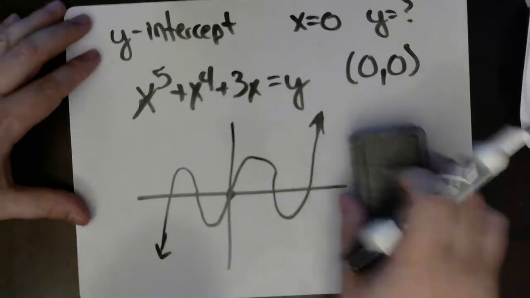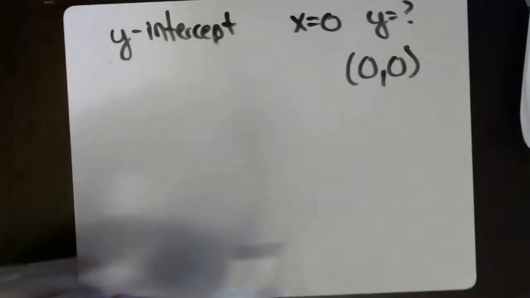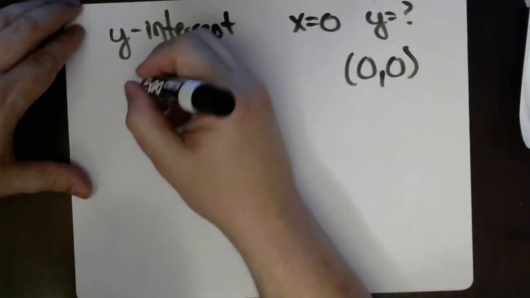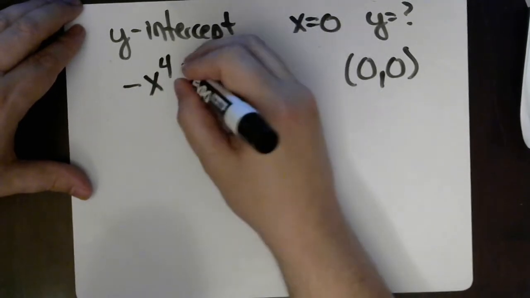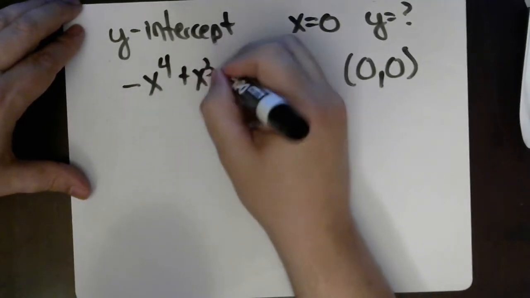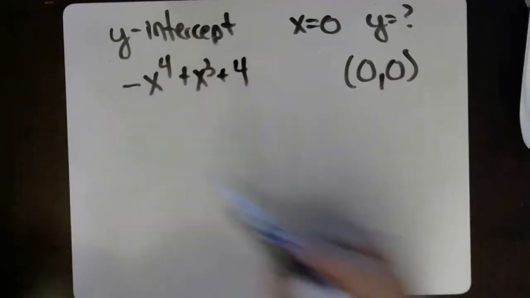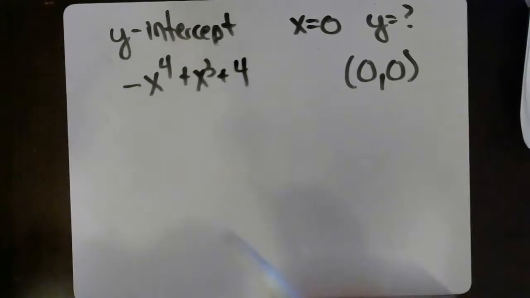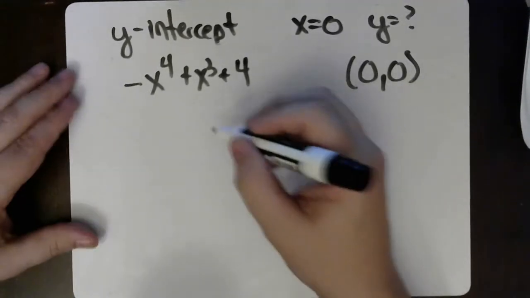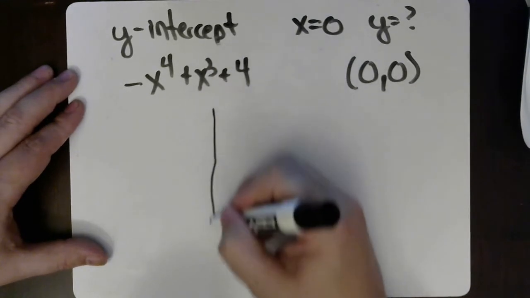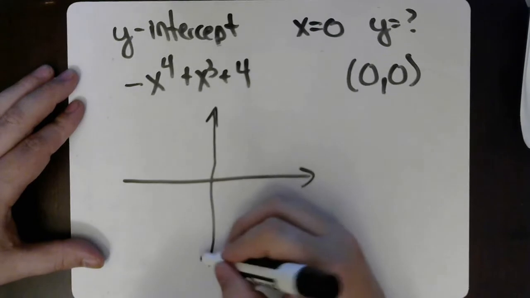Let's do another one. This time, let's do a negative. What we might talk about is leading coefficients, and that's what comes to being negative. So if we were doing negative x to the fourth plus x cubed plus 4. When we say coefficient, that's that negative right there, and that helps us know what our ending behavior is doing as well. So you may hear, what's the leading coefficient? If you just notice that it's either negative or positive, that is the most important thing.